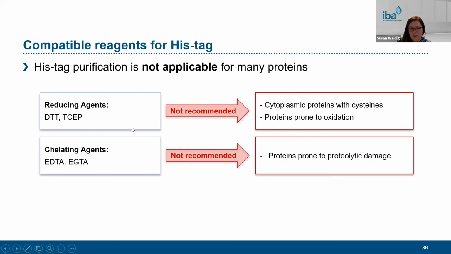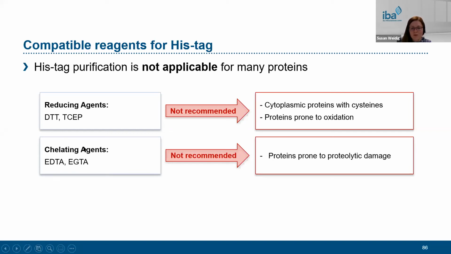And a further drawback is that you cannot add chelating agents like EDTA or EGTA, because, as I mentioned before, the nickel NTA resin is charged with nickel ions, and if your buffer contains EDTA or EGTA, the nickel ions are captured by them, and so you will reduce the binding capacity of the nickel NTA resin.